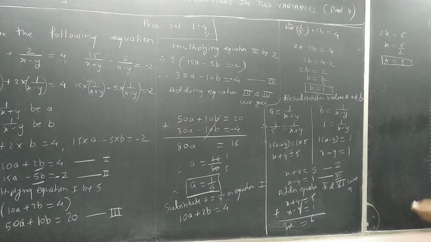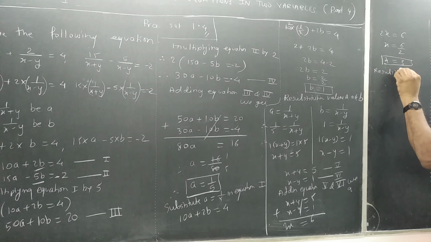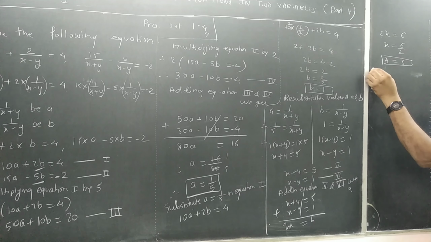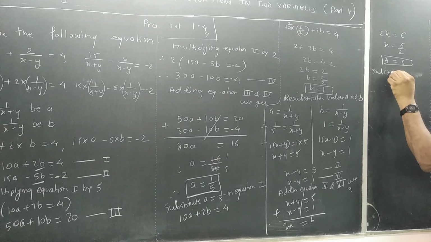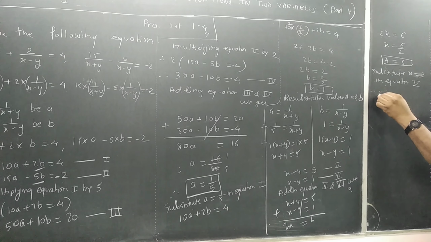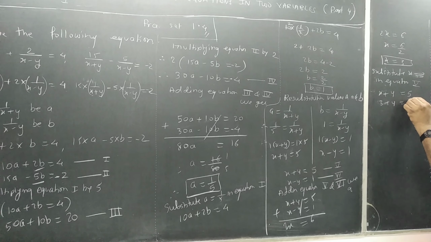And now I can resubstitute. Substitute x is equal to 3 in equation 5. So what is equation 5? x plus y is equal to 5. 3 plus y is equal to 5.